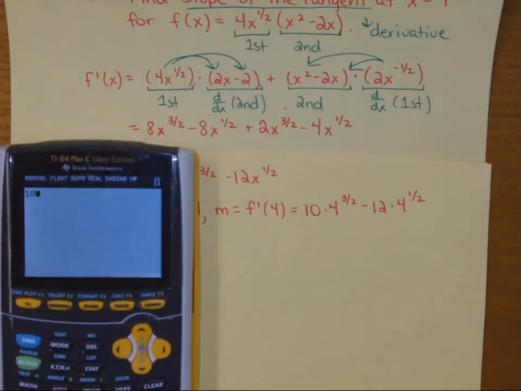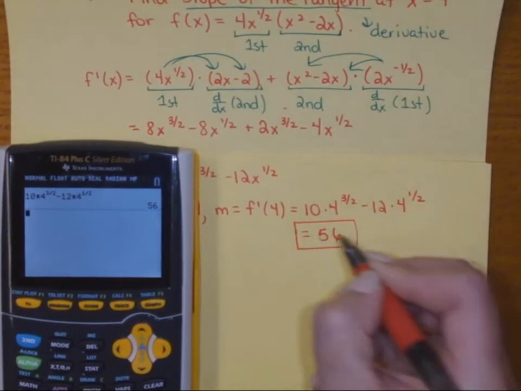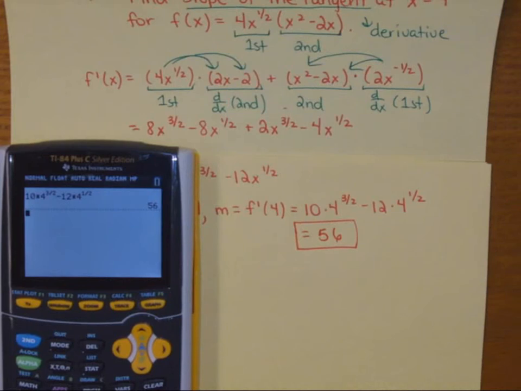So we have 10 times 4 raised to the 3/2 minus 12 times 4 raised to the 1/2. And if you do all of that together, you get 56. So in other words, the slope is quite steep at x equals 4 for this equation.